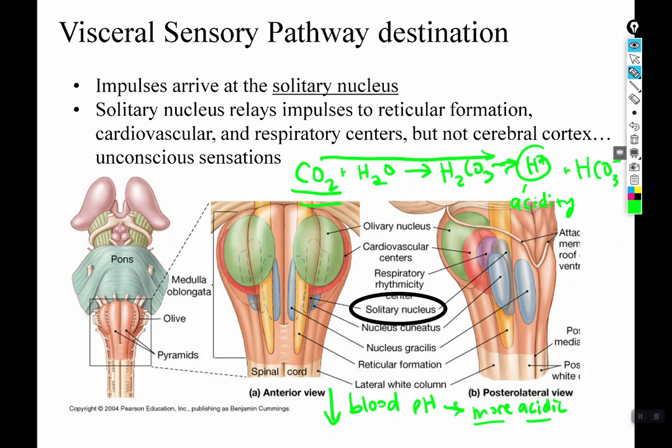And that information is sent to our solitary nucleus, and the solitary nucleus is going to adjust our breath rate to scrub CO2 out by breathing it out, and that's going to bring the pH of the blood back up to close to neutral where it should be. We'll get more information about that next term because we talk a lot about this equation and breathing, but it's important for you to build up to that by knowing that the solitary nucleus is going to receive those senses and then act accordingly depending on which sense it is and what needs to happen in response.